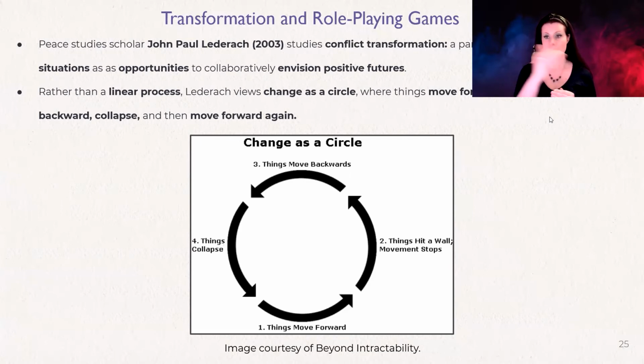And then they may even collapse and then they move forward again. So the idea here is that change is not linear at all. In fact, a lot of times when change is happening, it may look like the opposite. It may look like backtracking, but this is all part of the process.